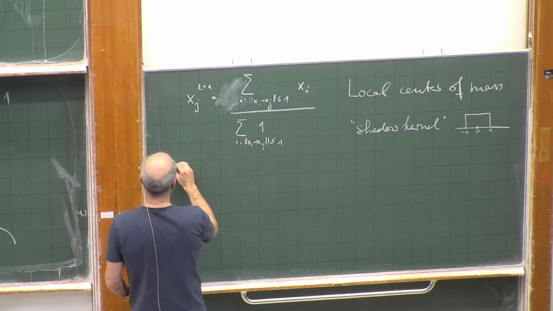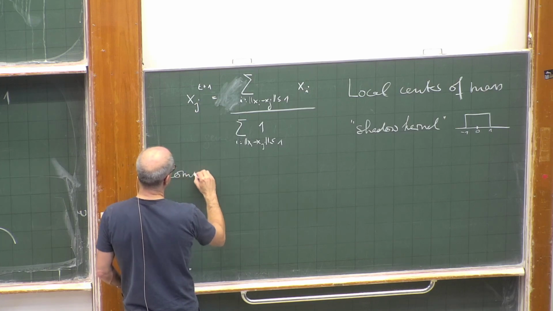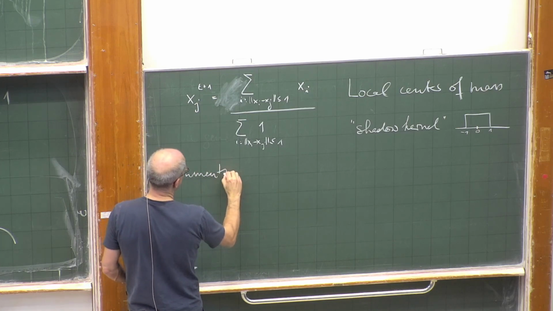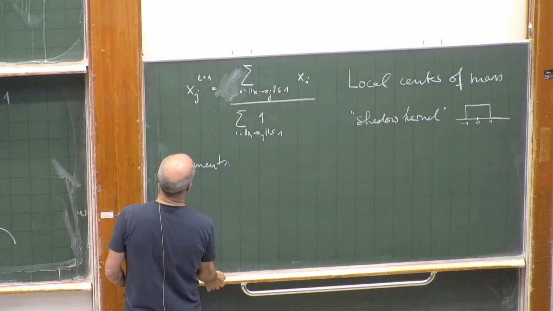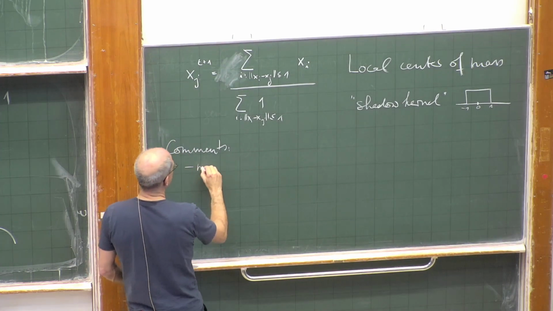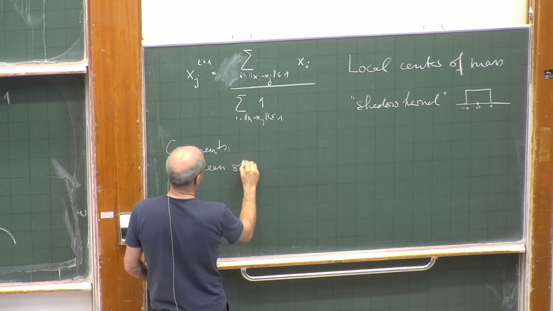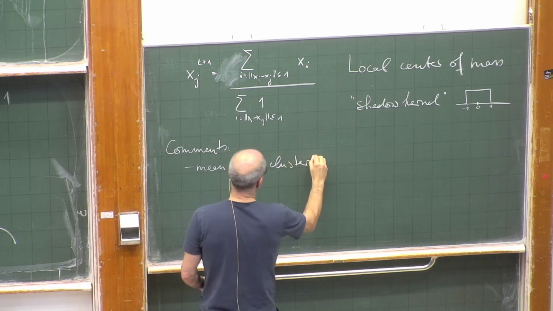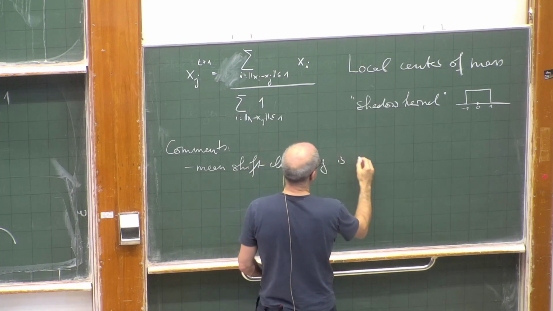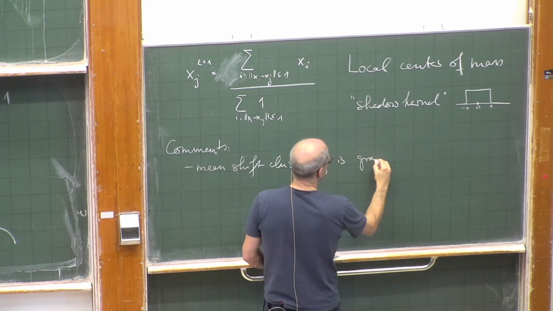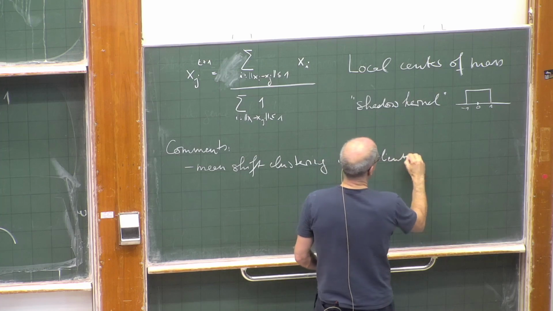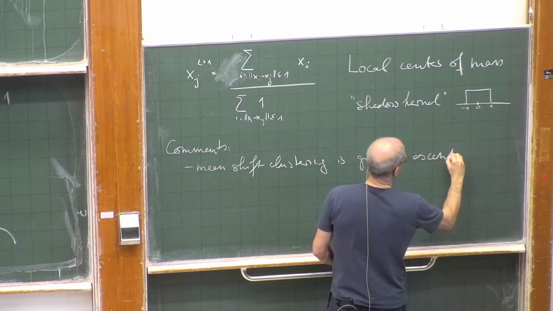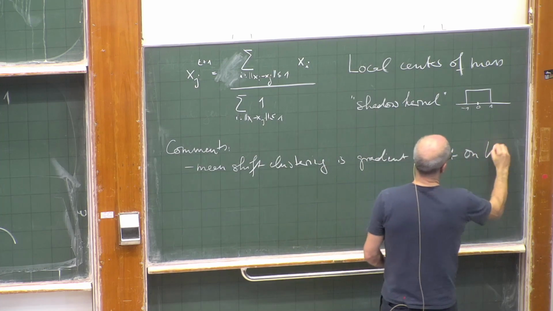So, a couple of comments. This mean shift algorithm or mean shift clustering is a gradient ascent on an underlying kernel density estimate.